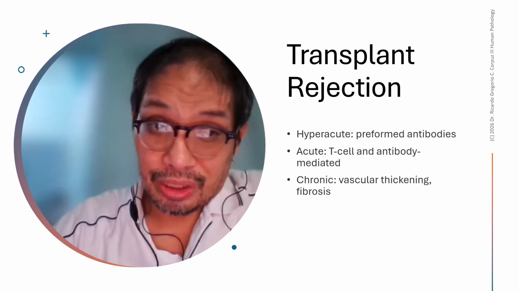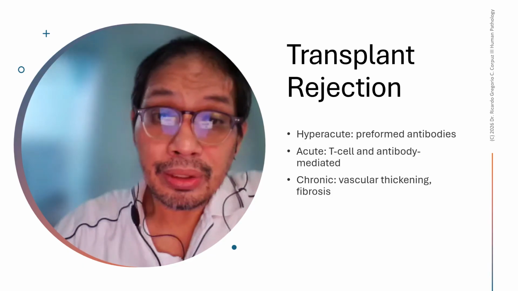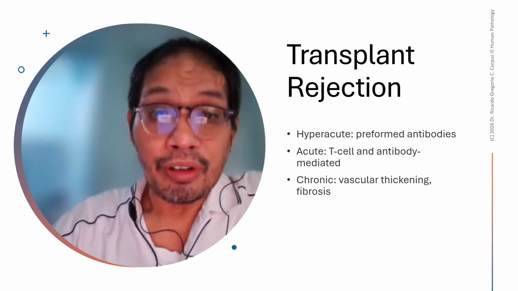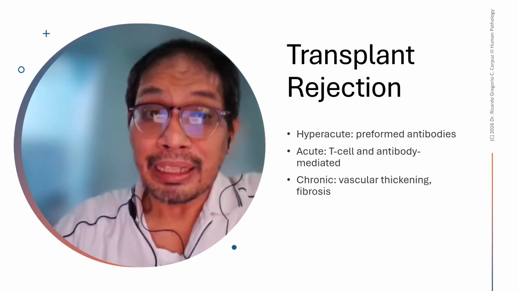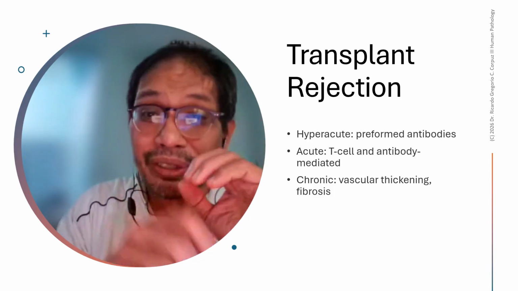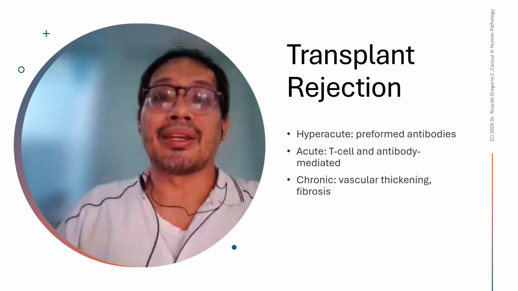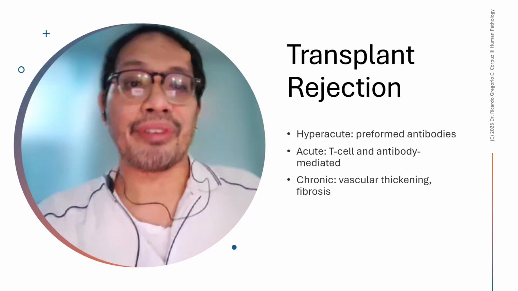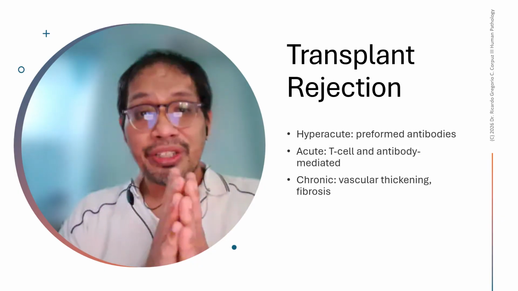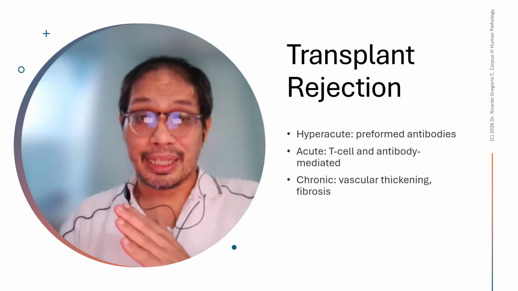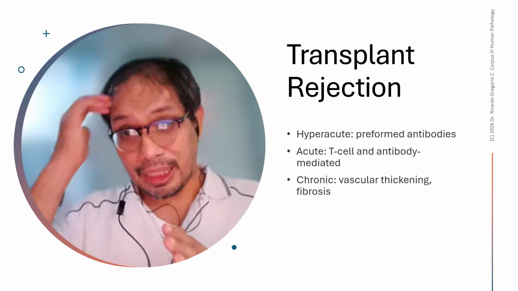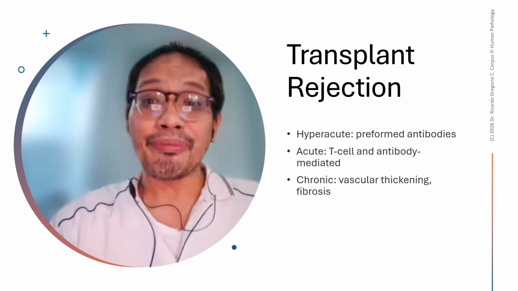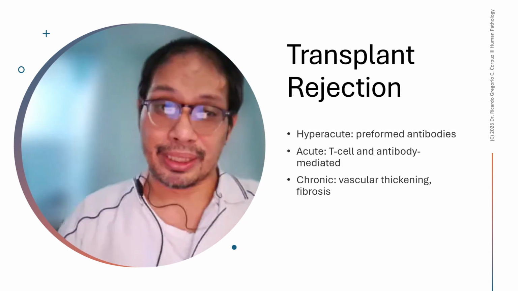Chronic rejection, from months to years. Progressive intimal thickening, vascular narrowing, interstitial fibrosis, irreversible, a major cause of late graft loss. So each rejection pattern reflects a specific immune mechanism, guiding prevention and treatment.